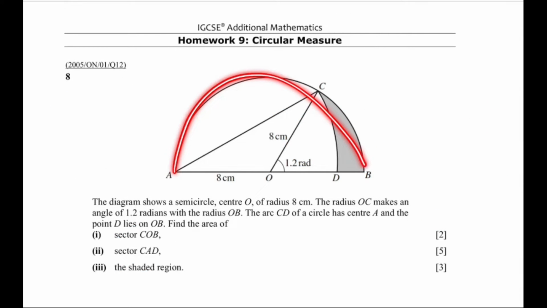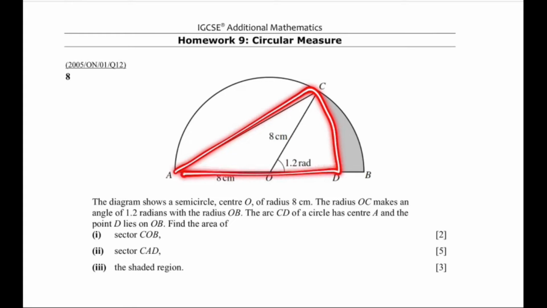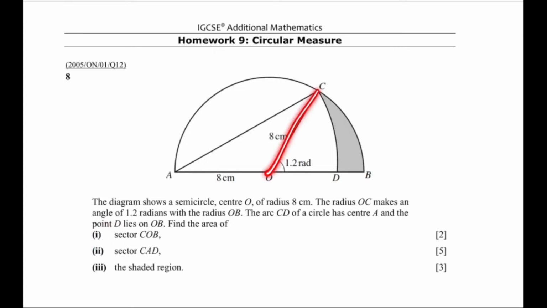We have a semicircle with center O. We also have a sector with center A. Alright. First question, find the area of sector COB. Just apply the formula. If you want to find the area, that will be 1 over 2 r square theta.